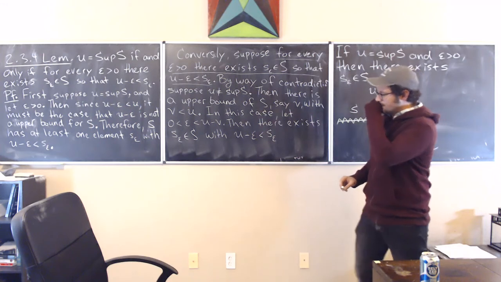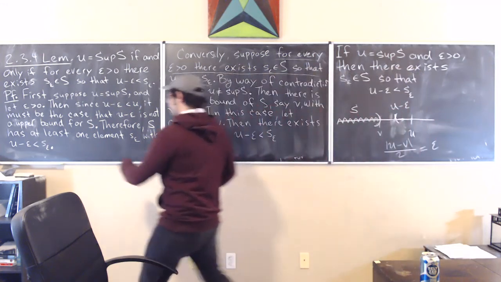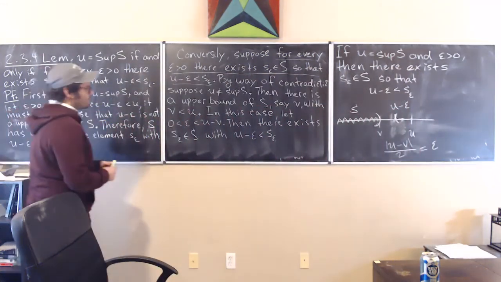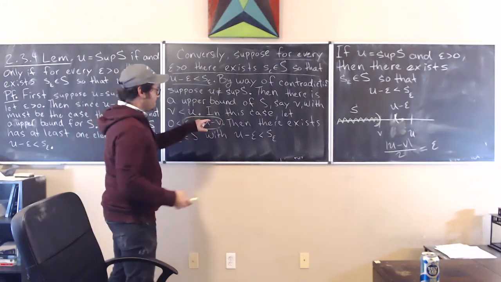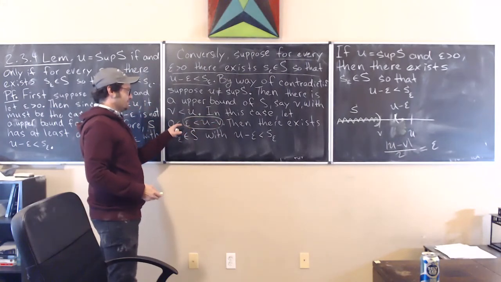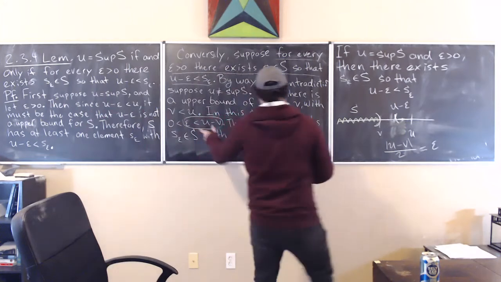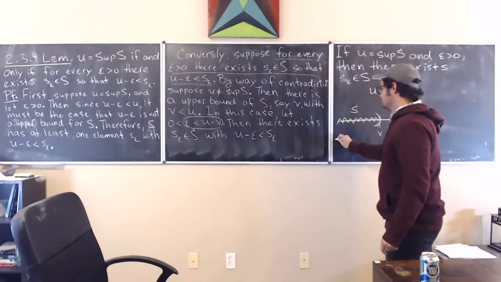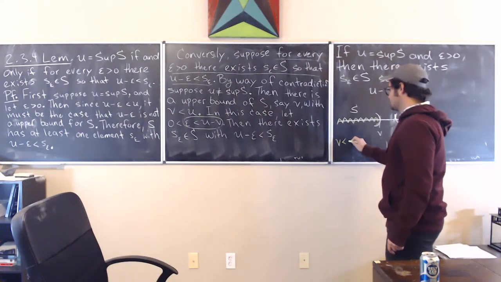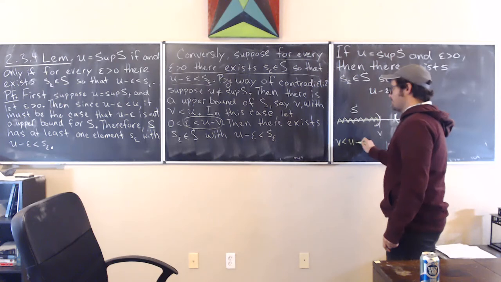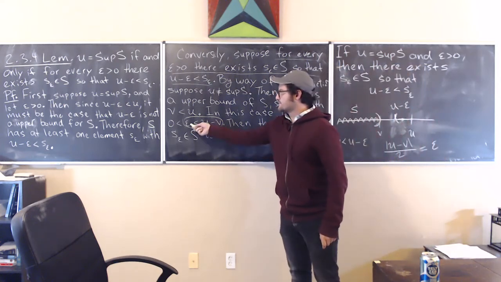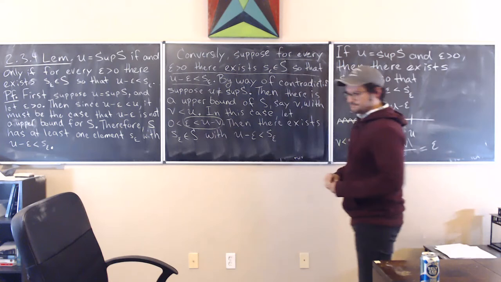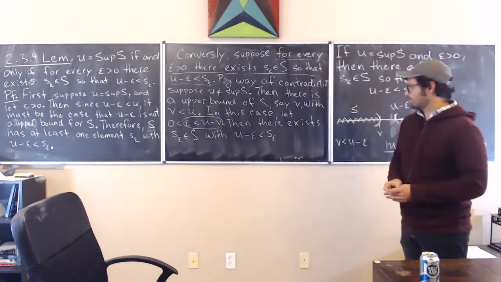But if you rearrange this inequality right here, if you add V to both sides and subtract epsilon from both sides, you get what? You get that V is strictly less than U minus epsilon, right? Subtract epsilon on both sides and add V on both sides.